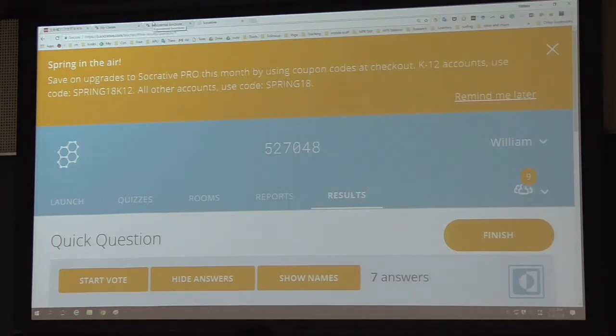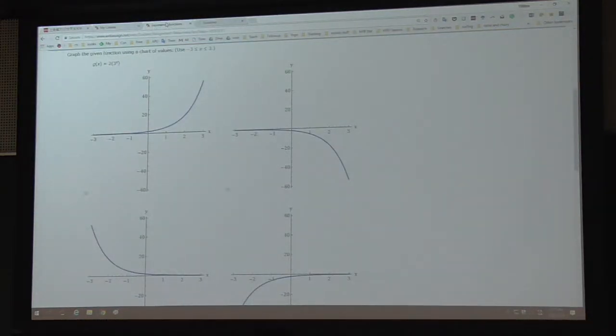527048. Okay, everybody ready? Okay, everybody either everybody got it wrong or everybody got it right.